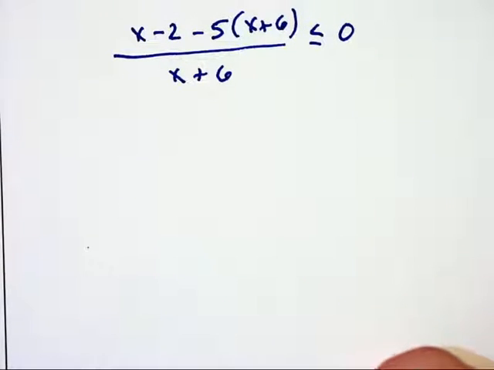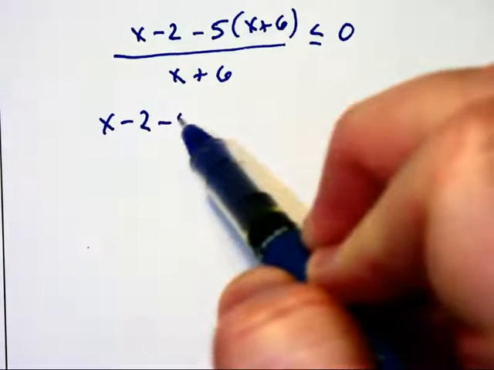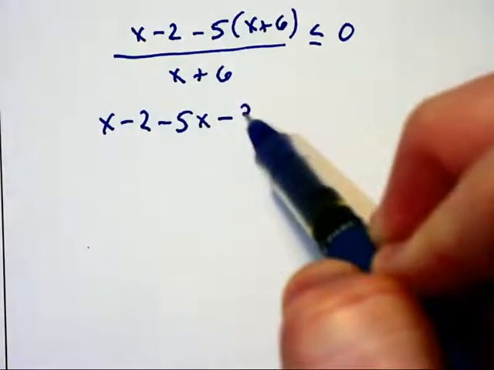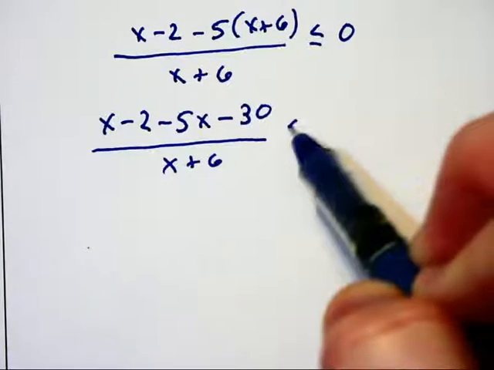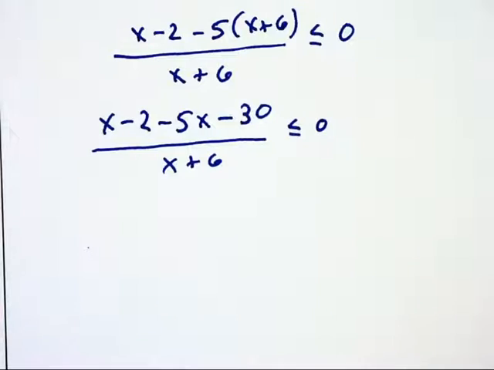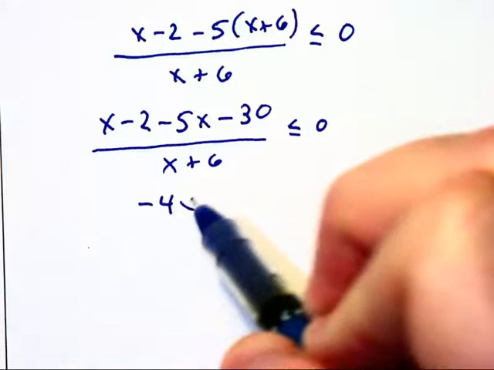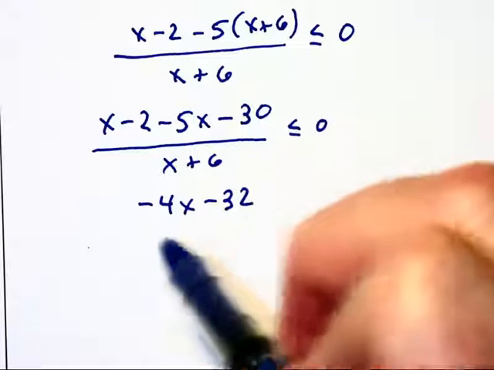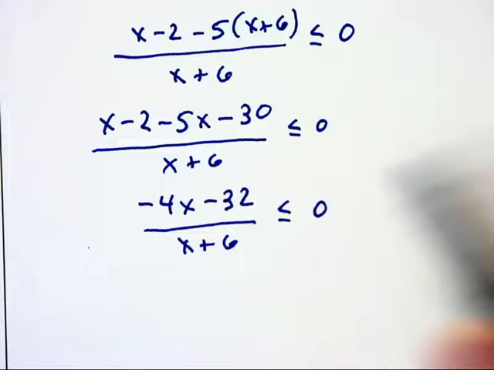Now let's do some distribution up in the numerator. X minus 2 minus 5x minus 30 will all be over x plus 6, and that will be less than or equal to 0. And we can combine like terms in the numerator to get negative 4x minus 32 all over that x plus 6 is less than or equal to 0.